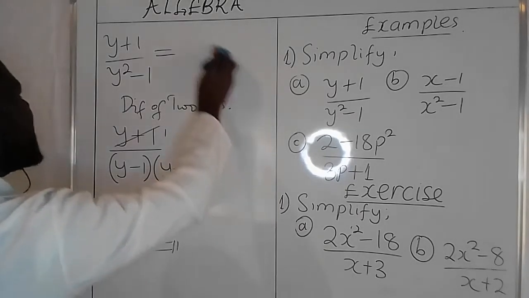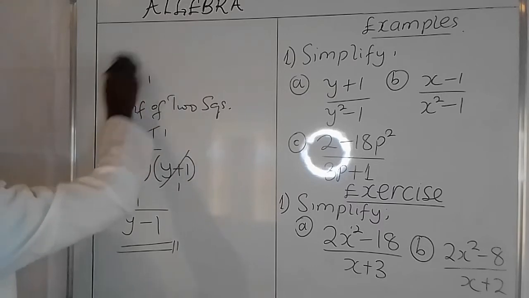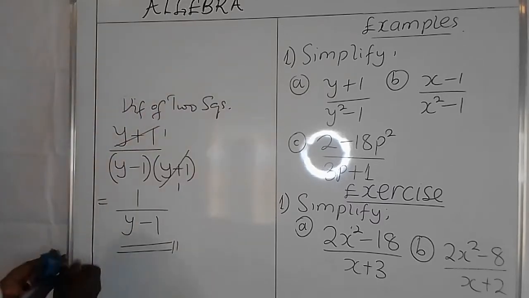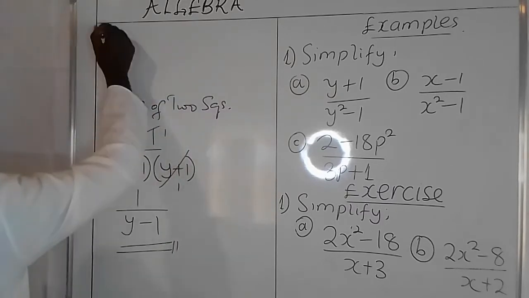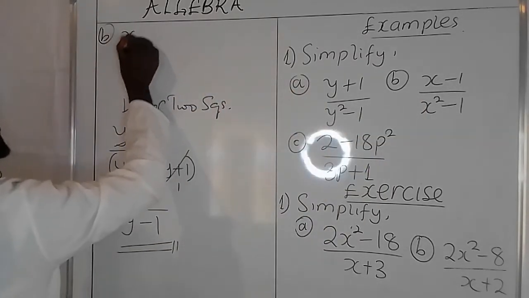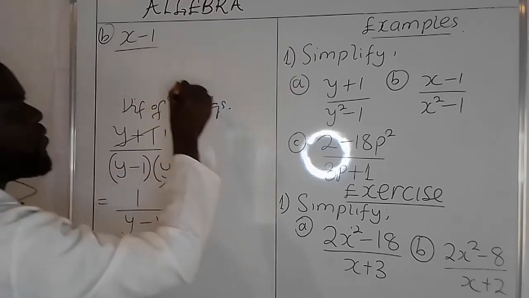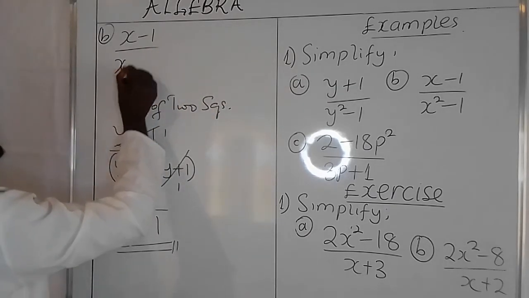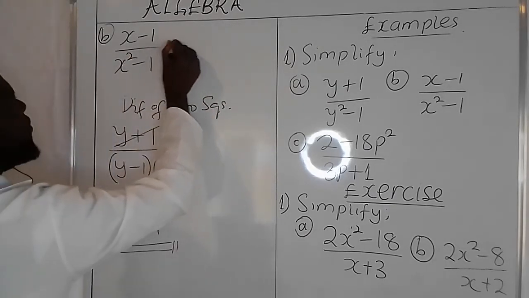Now let's look at our next example, 1b, where we have x minus 1 out of x square minus 1.